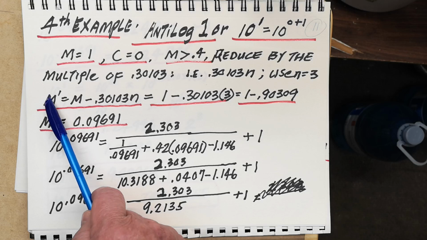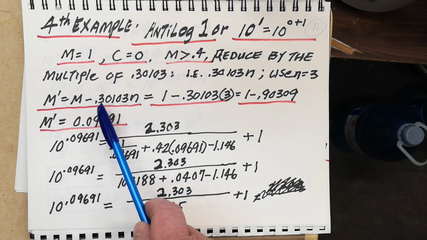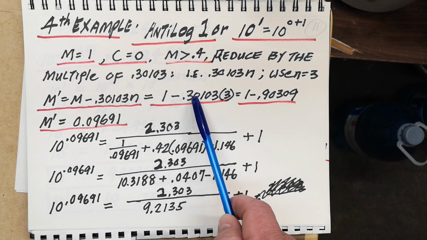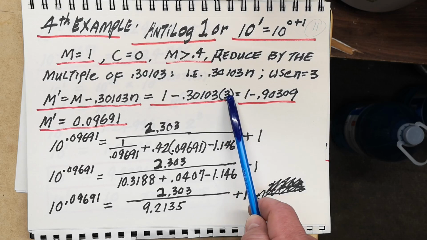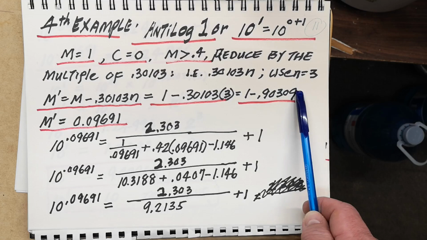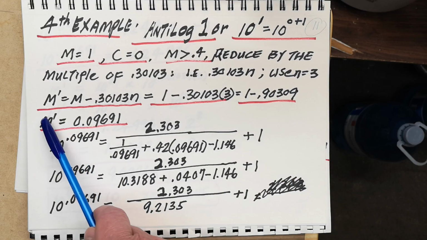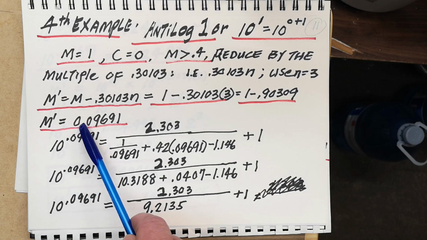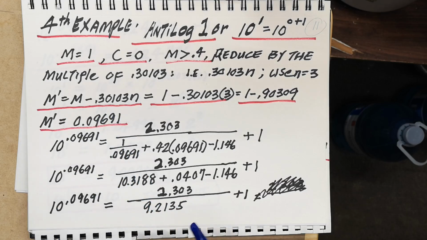So the m prime now is equal to 1 minus 0.30103 times 3. It's equal to 1 minus 0.90309, and we get an m prime equal to 0.09691.